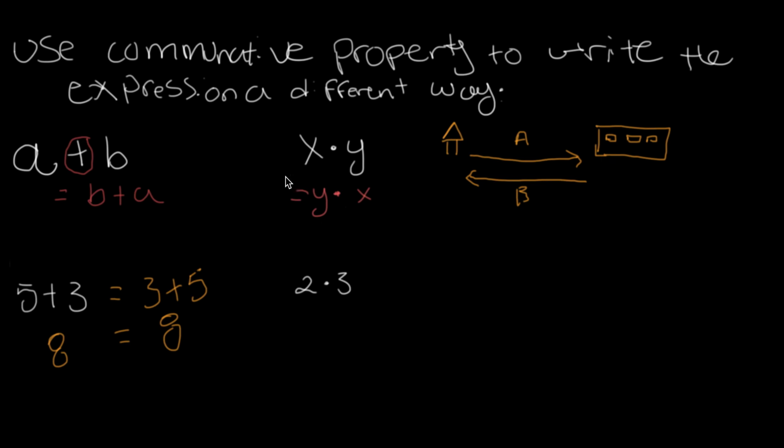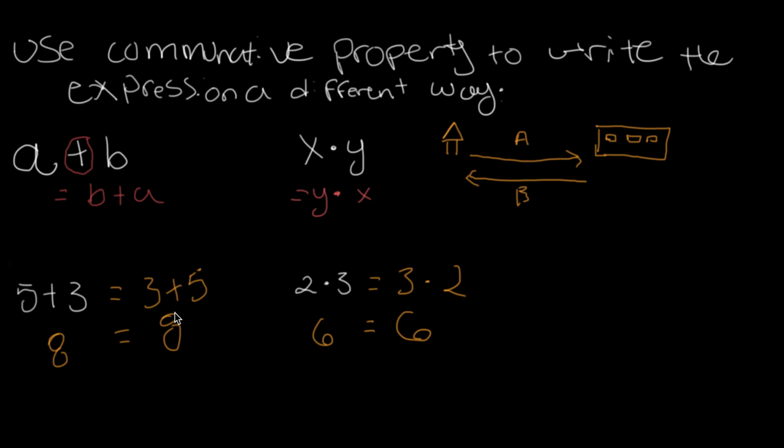So if we use an actual example in numbers, if we do 2 times 3, and flip it, 2 times 3 is the exact same thing as saying 3 times 2. 2 times 3 is going to be 6, and 6 is equivalent to 3 times 2, which is also 6. So the product doesn't change. The product is the same. And over here, as you can see, the sum is the same.